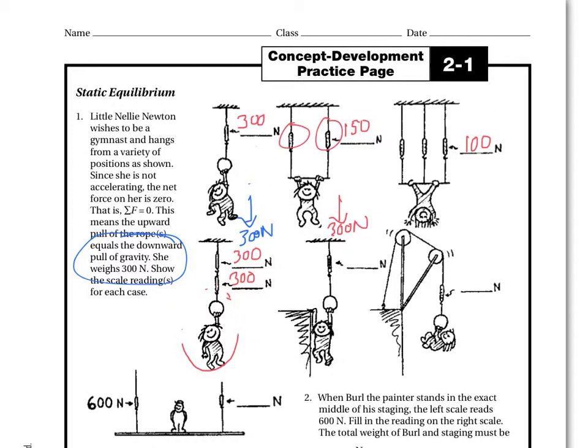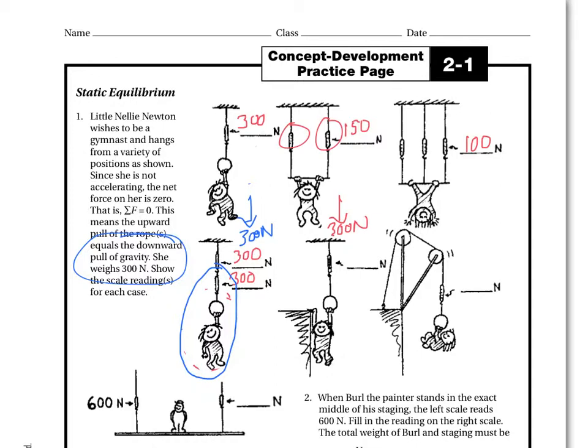Now if we take a look at the second spring scale, this one up here, what's attached to it? Well, look at that. It's just Nellie still. And it's a spring scale, which we're going to say has negligible weight, basically zero weight. So this spring scale, just like the other one, is supporting Nellie. Because of that, each spring scale has to apply 300 newtons worth of force. I could put 5 spring scales in there, it doesn't matter.